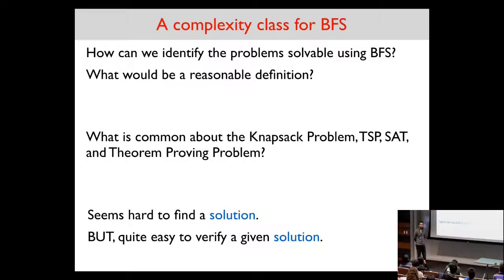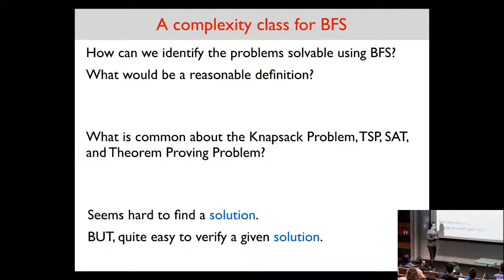But there's an interesting thing about these problems. If you look at it, it's quite easy to verify a given solution. So let's say the satisfiability problem. If I give you some instance, and I now give you the satisfying assignment that makes this instance yes, then you can easily check that indeed this satisfies the Boolean formula.